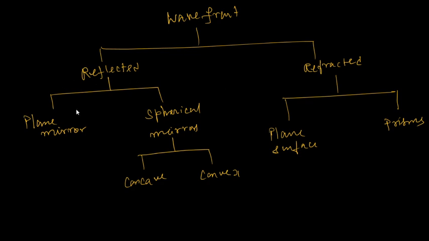When we say reflecting surface, we can talk about plane mirror and spherical mirrors, concave and convex. Similarly, in the case of refraction, we have plane surface and a prism. Okay, and we have got the spherical surfaces also, which is nothing but lens, convex and concave. Okay.